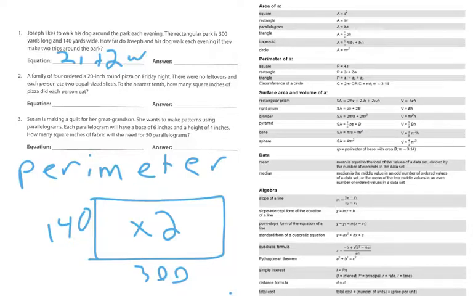But again, he's walking this twice. He's taking 2 trips. So I need to remember to multiply that by 2. So when we do that, it's 1760 yards. So always remember to include your units, or they could count your answer as wrong. So make sure that you are using the units.